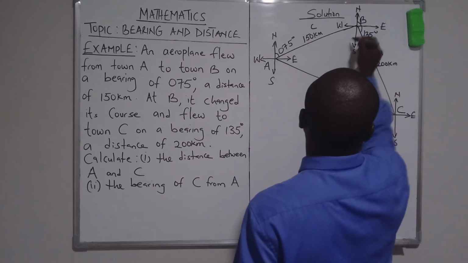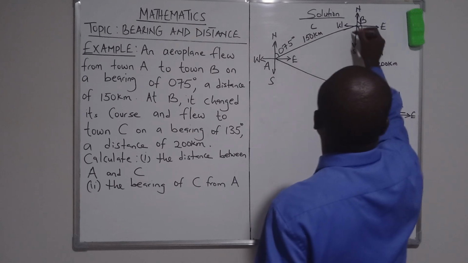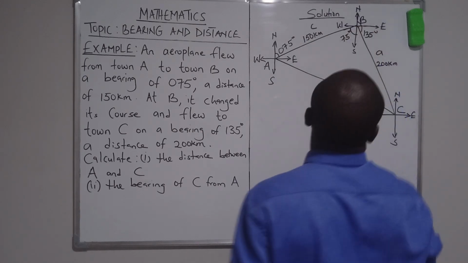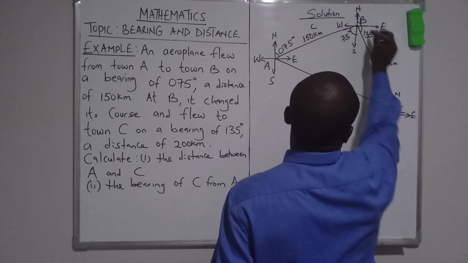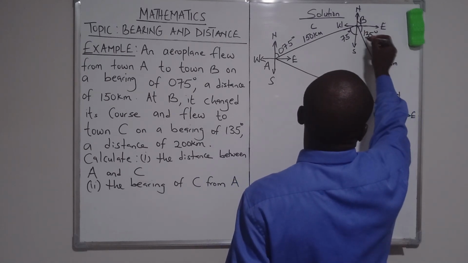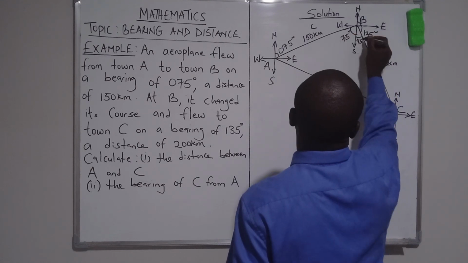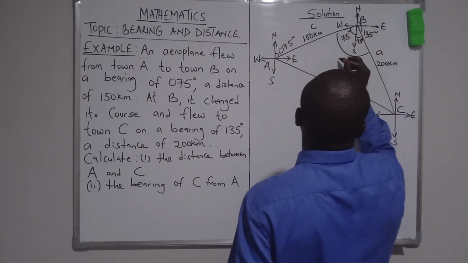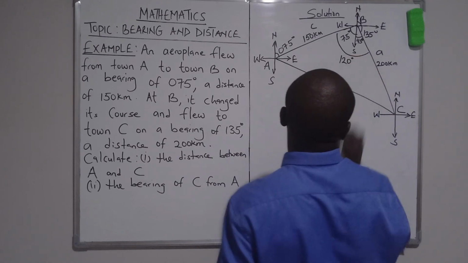Now this 75 is alternate because this line is parallel to this line. These are 75 degrees. From here to here is 180. 180 minus 135, that's 45 degrees. The total angle here now will be 120 degrees.